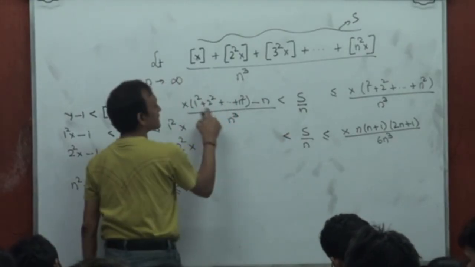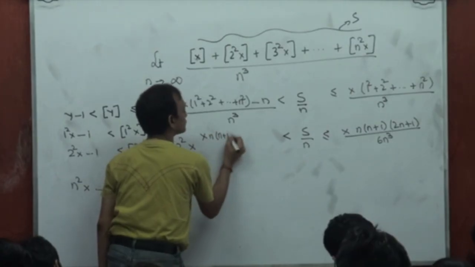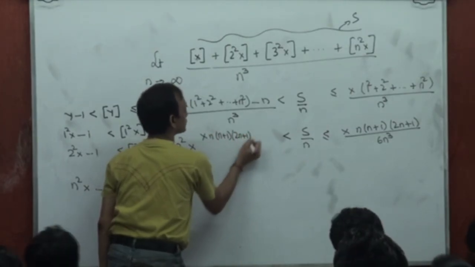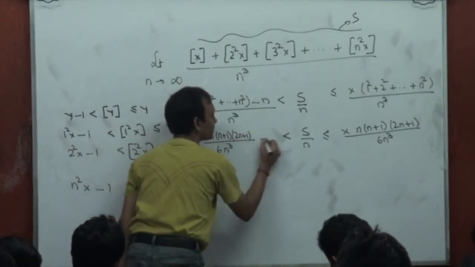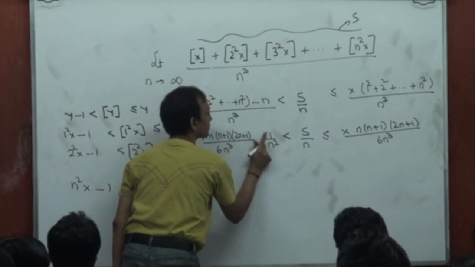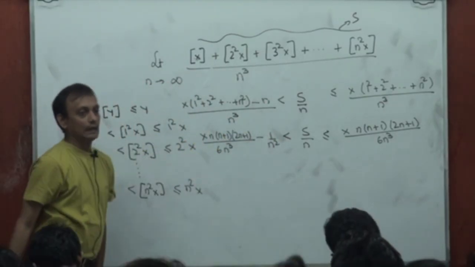Greater than, same thing, minus n by n cubed, which is 1 by n squared, written separately. Clear?